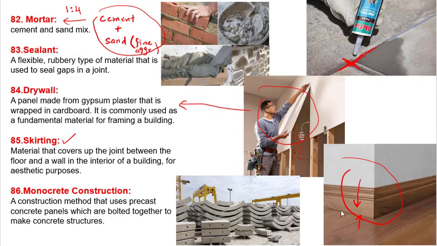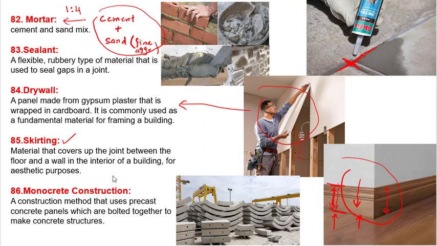Wherever your floor and wall join, we usually use a material to cover this space. What is the reason for covering this space? The only reason is to get an aesthetic view, okay, to make it look beautiful and attractive.